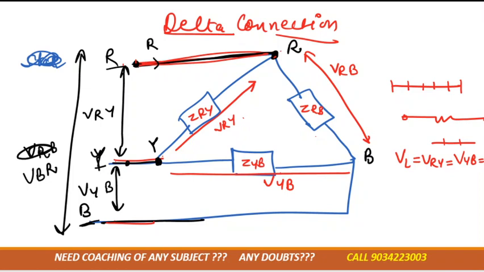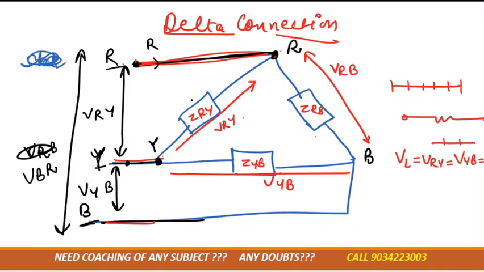See, if it is related to the impedance, the voltage across the impedance is the phase voltage, and the voltage we measure across the line is the line voltage. If we are measuring across the plain wire, that is the line voltage. If we are measuring across the phase, meaning across the impedance, then it is the phase voltage.